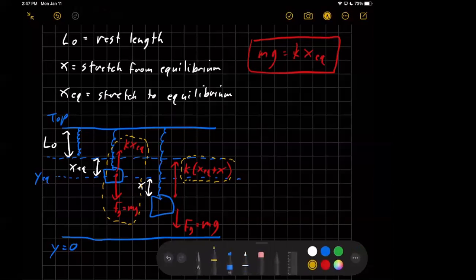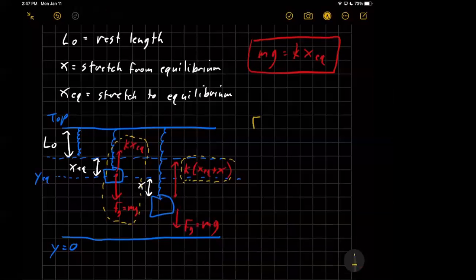If we consider the third picture here, we know that F net should equal ma. If we look at the third picture, the net force is K times (XEQ plus X) minus mg.